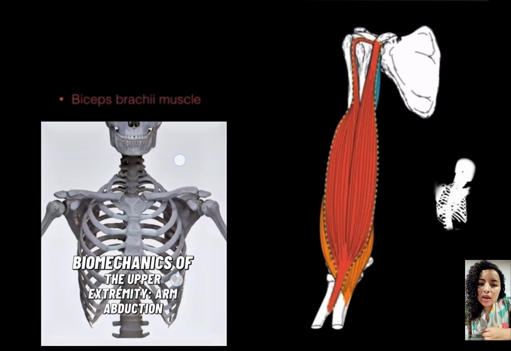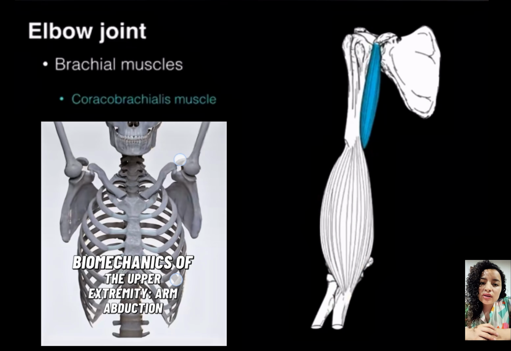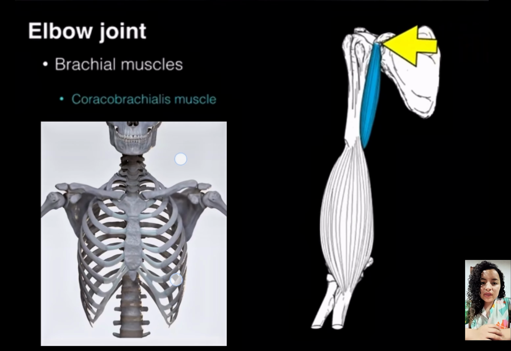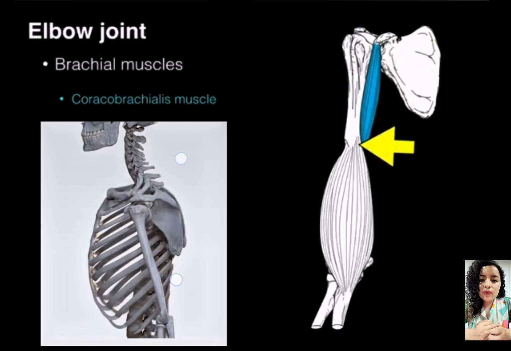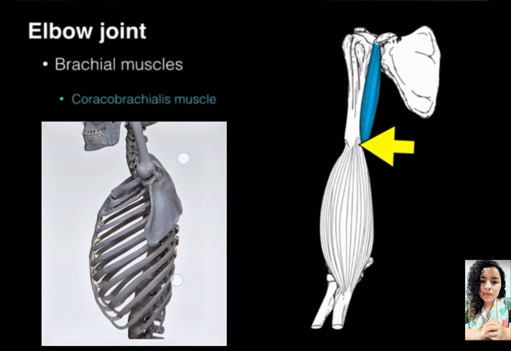Now let's look at the elbow joint, which actually has two joints. It has a hinge joint which flexes and extends, and a pivot joint which pronates and supinates.